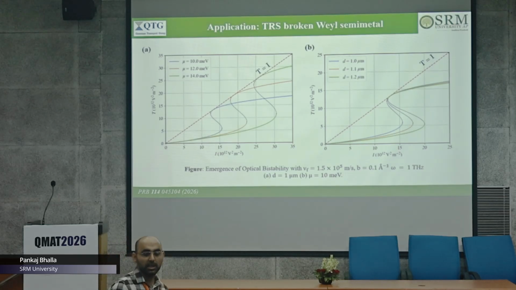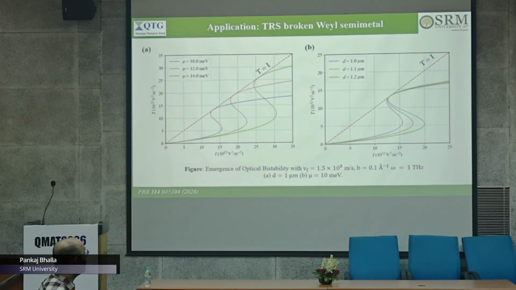When you increase the chemical potential, you are moving away from the Weyl points, so your third order response becomes weaker and weaker. Due to that, the feedback mechanism has to pay something, so for high mu you need a high intensity to get the bistability.